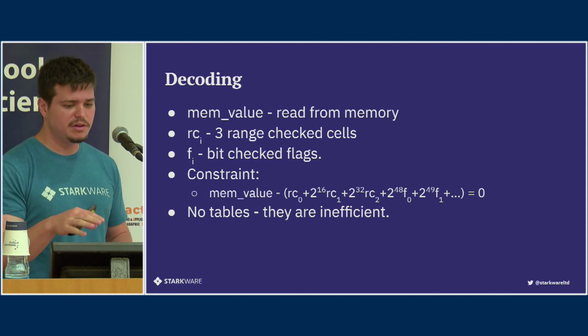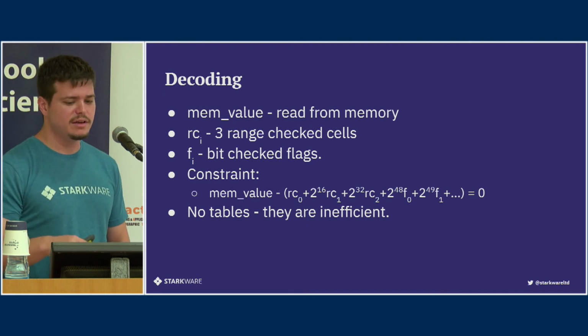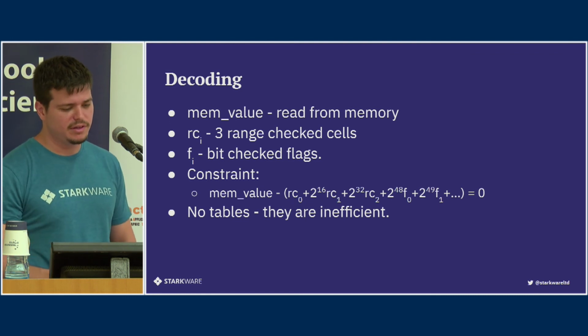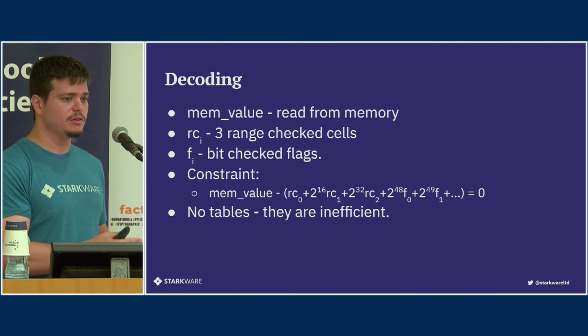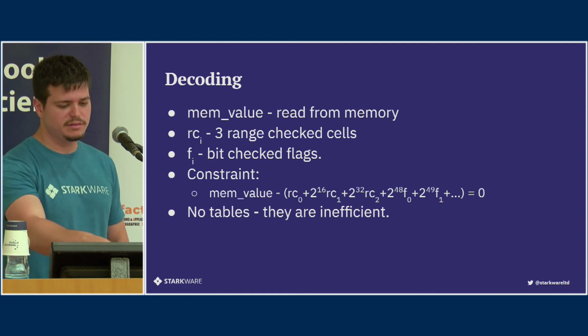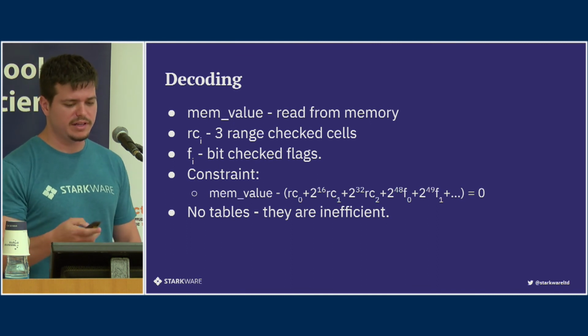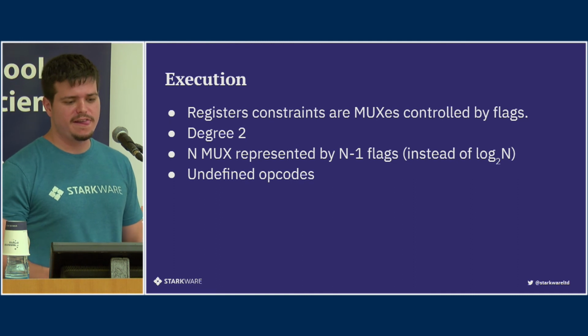So basically, we have 3 range checks, like we saw on the last slide. We have 16 bits, and then we have this constraint that the value we just read from the code segment is the sum of these 3 constants and the flags. Just no tables, and it's pretty okay.